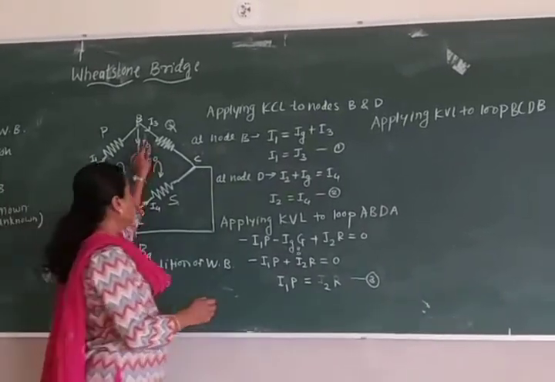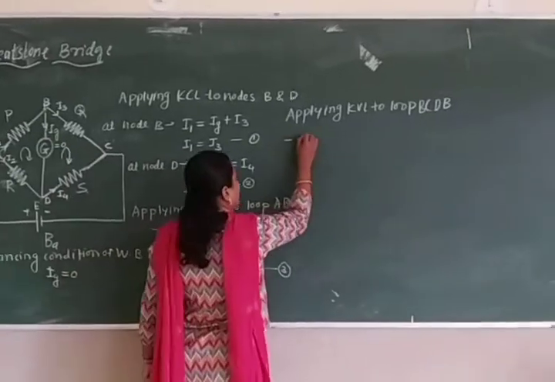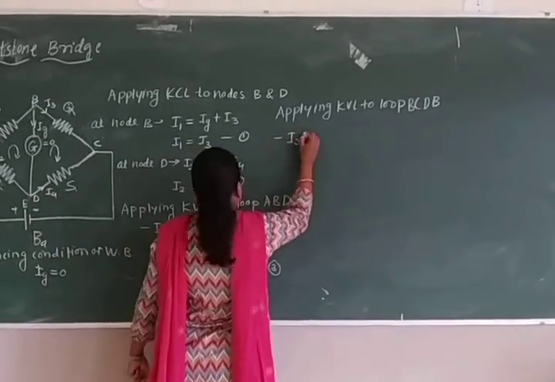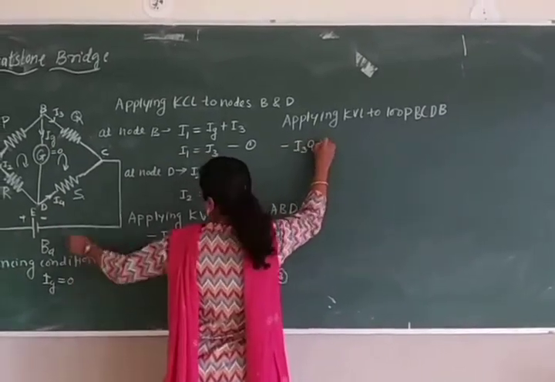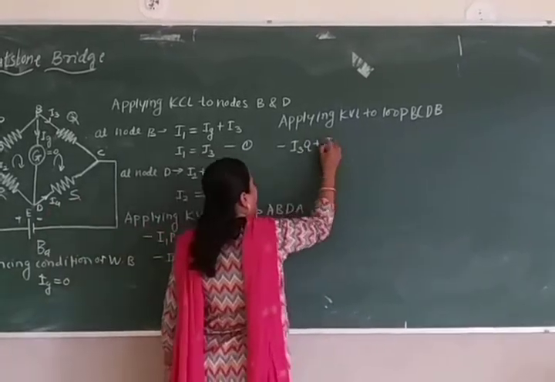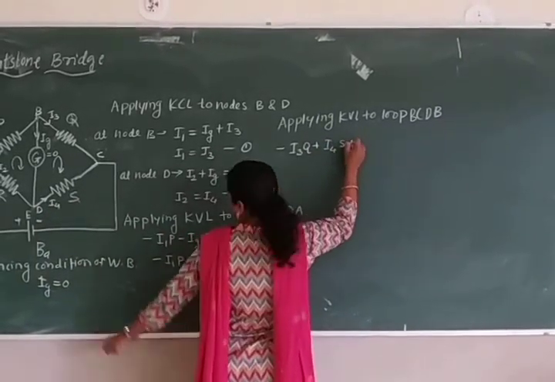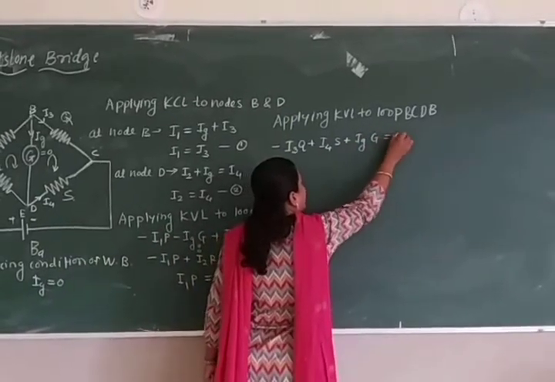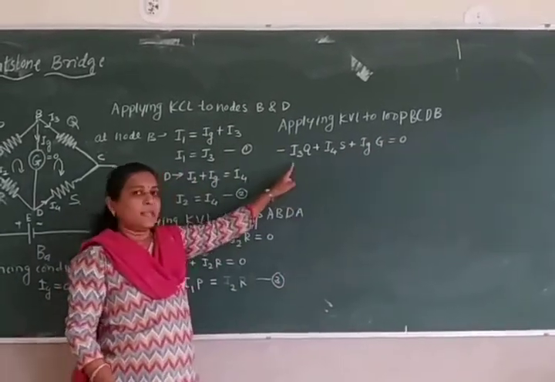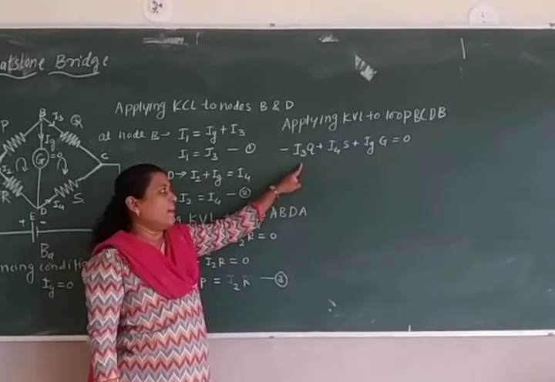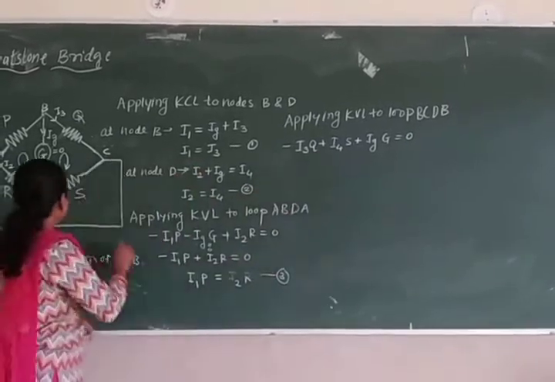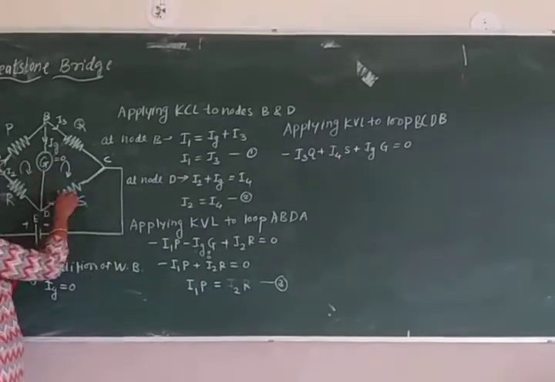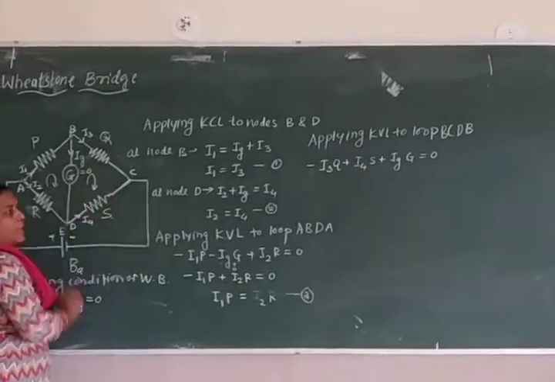So we can write minus I3Q plus I4S plus IgG is equal to 0. This current I3 is in the direction of traverse, whereas I4 and Ig are in the reverse direction, the opposite direction of the traverse.